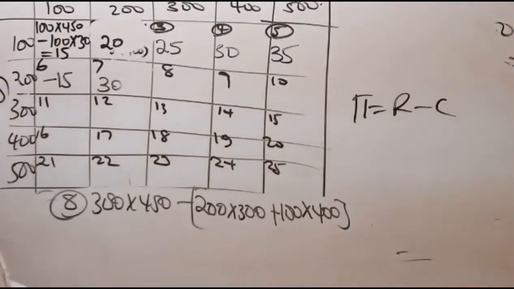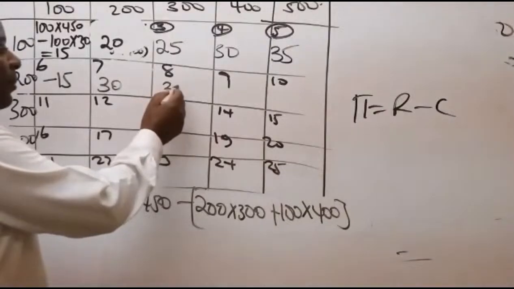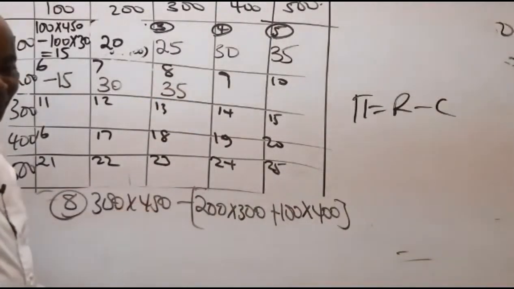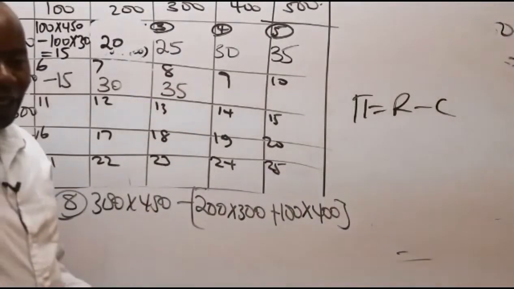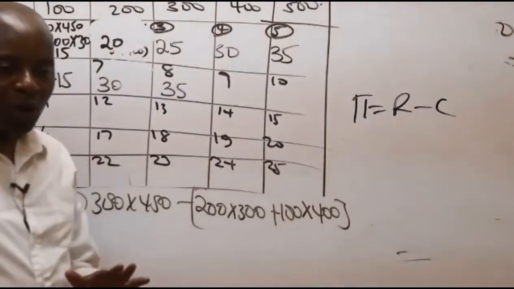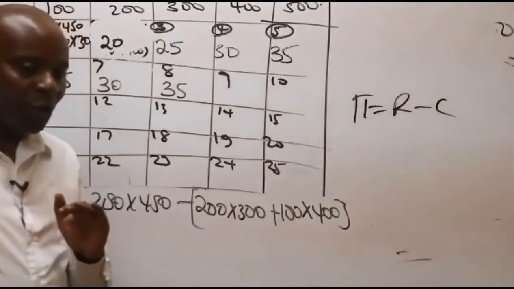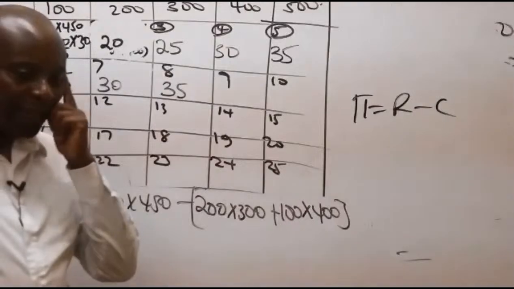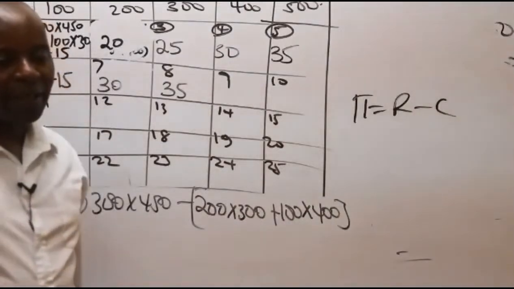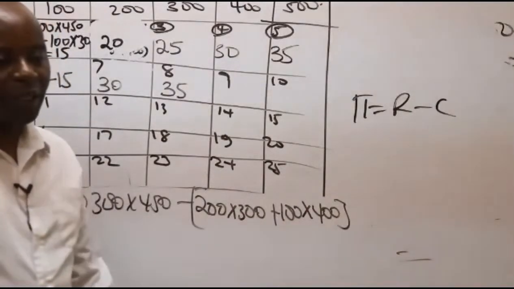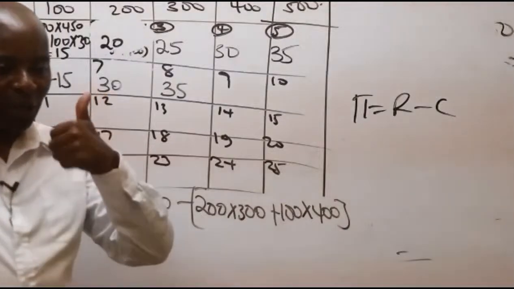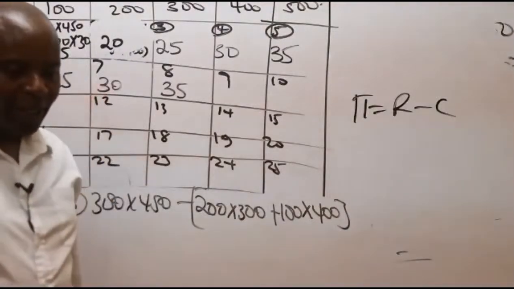So in this case, cell number 8 is 35. I don't know whether now, Jerry, you have been able to follow, or at times we could be wrong. You could be right. Try to give us your argument. If you've understood, please tell us, I have understood.